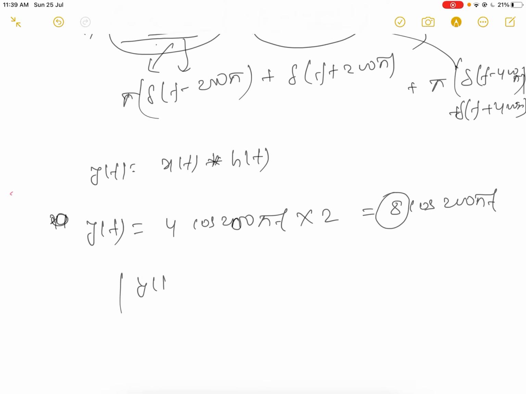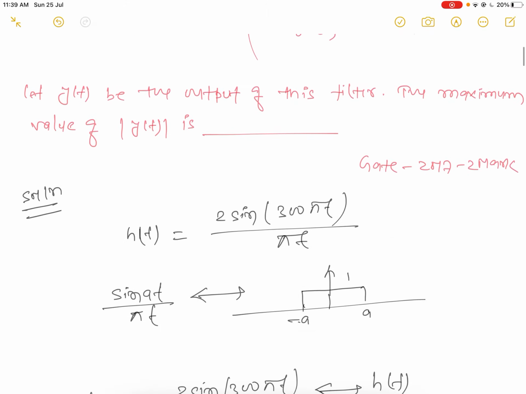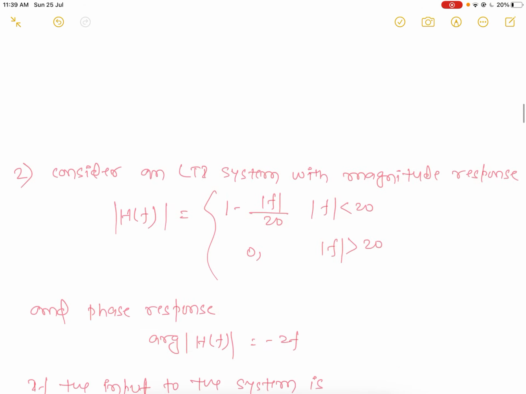So y(t) max is 8. This one is a fill in the blanks, so the answer is 8.